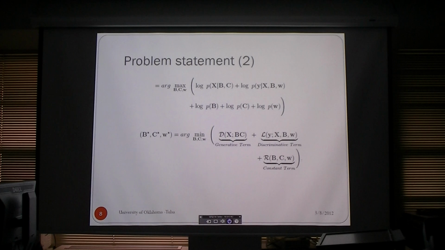W shows the direction of the linear classifier in the space, and if the norm of W is smaller, we will have a bigger margin in the classifier.